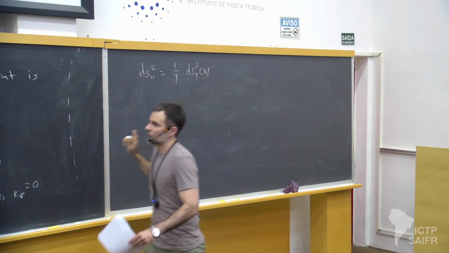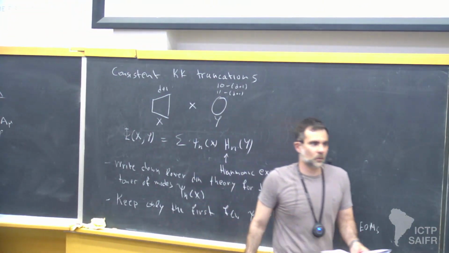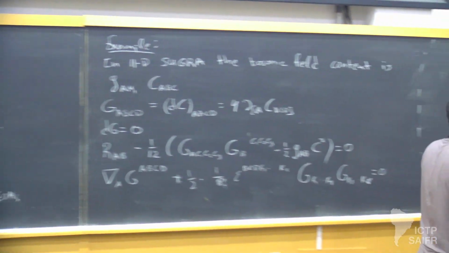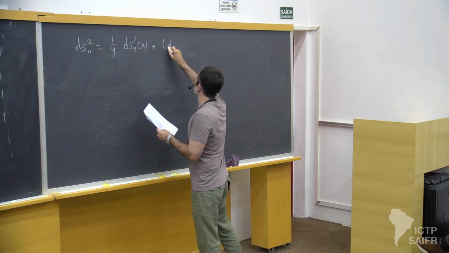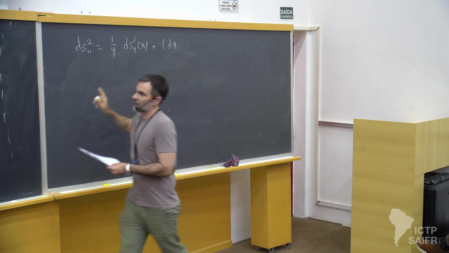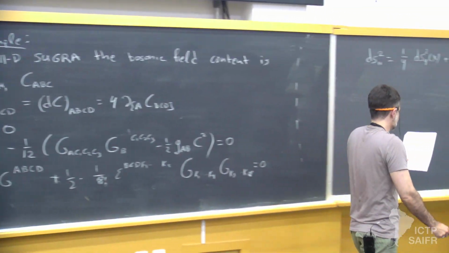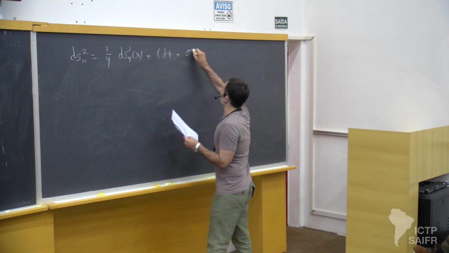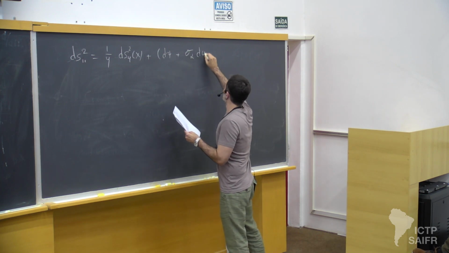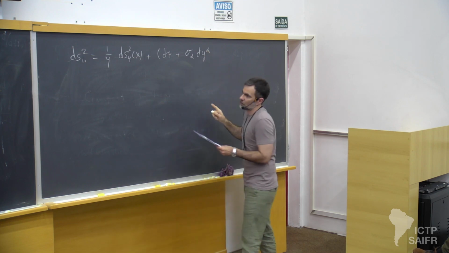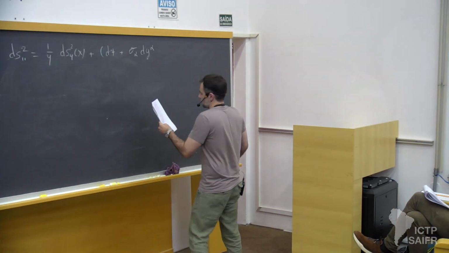This 4-dimensional space will be the bulk of your lower dimensional theory. Now you split out another coordinate psi, which is cyclic. This psi is part of the compact manifold. Plus sigma alpha, you split out a 1-form, and then dy alpha. The y alphas are the coordinates of the internal space.